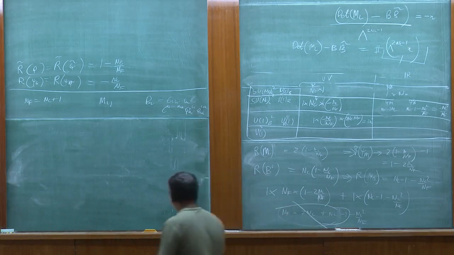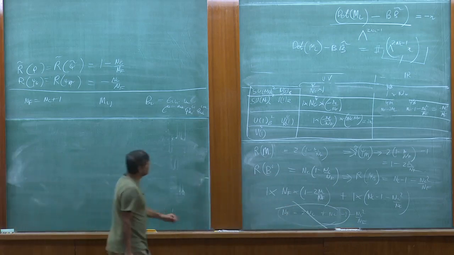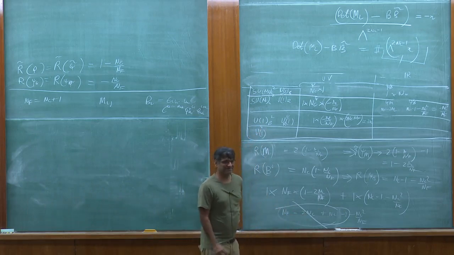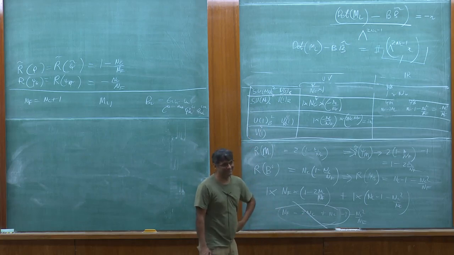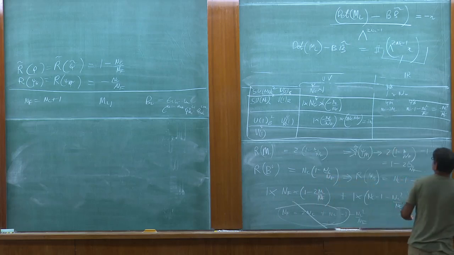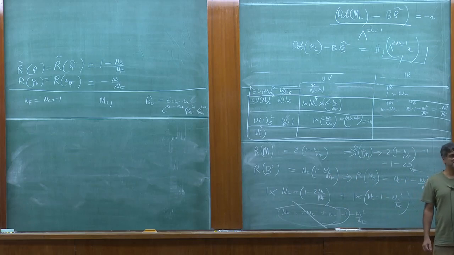Okay. Now let's do the IR. U1 baryon, M doesn't contribute. B contributes. It carries U1 baryon charge, which is minus Nc, minus Nc squared by Nf. No, I'm doing the same mistake again.